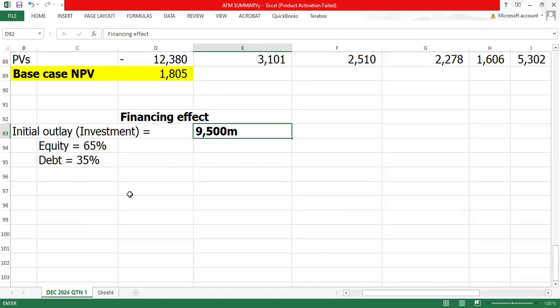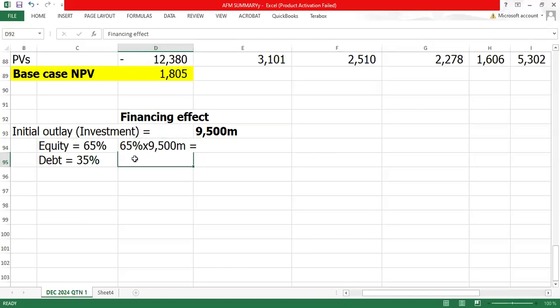9,500 million. But out of 9,500 million, 65% will be equity. So equity is how much? Then 35% will be debt. So first tell me, the equity we need is how much?